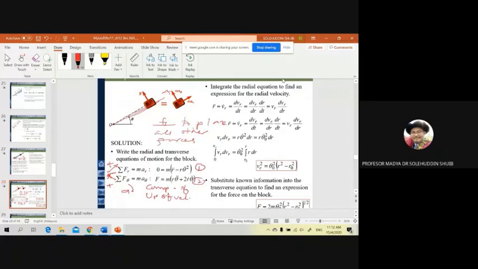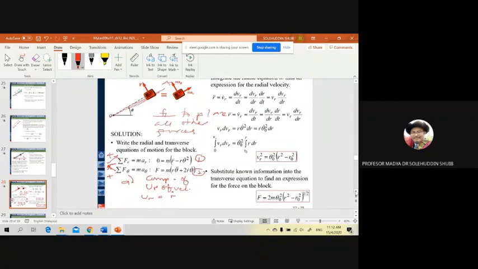So we know that V_r is equal to r dot. V_r is r dot. Therefore, we will have r double dot.